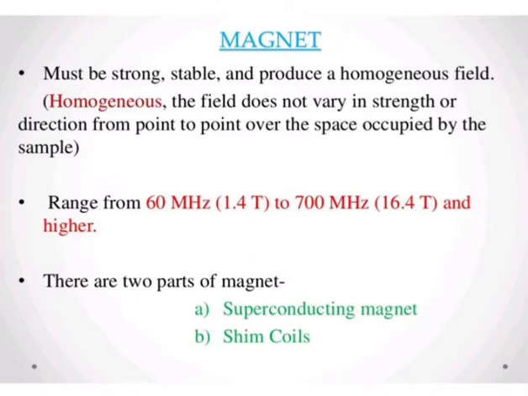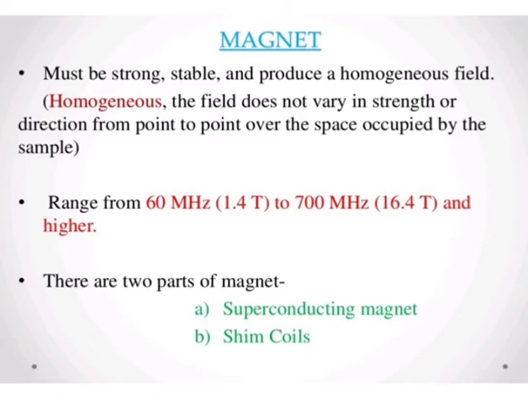Then the magnet must be strong, stable and produce a homogeneous field. Homogeneous means the field does not vary in strength or direction from point to point over the space occupied by the sample. Means there is no change in strength of the magnetic field or direction from point to point.